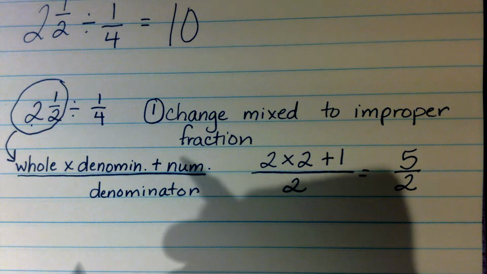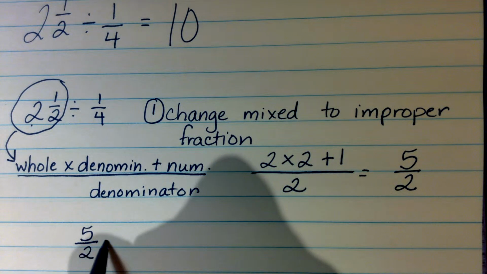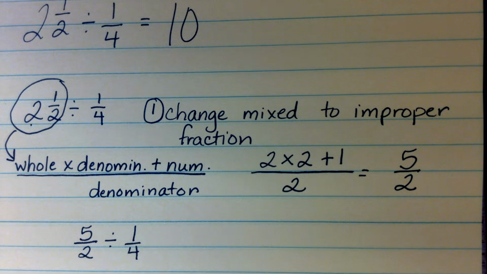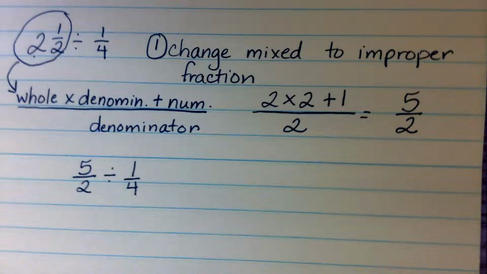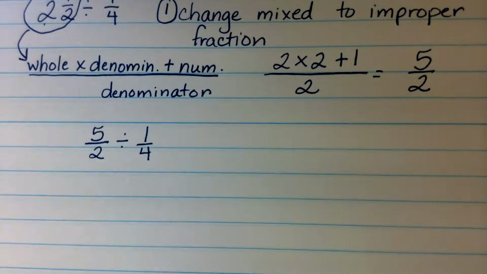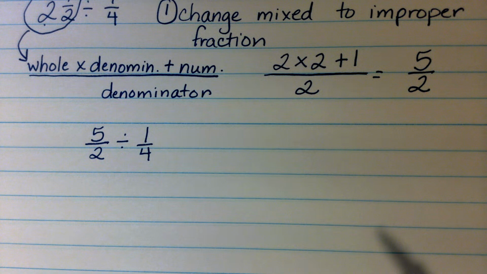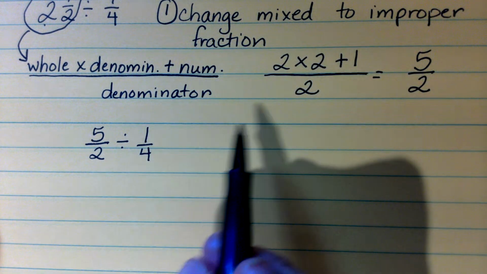Now, that changes my number sentence. My number sentence is now 5 halves divided by 1/4. Remember that when we divide fractions, we make this next step. It's broken apart into 2 steps in your curriculum, but I want to remind you that we make this one step.